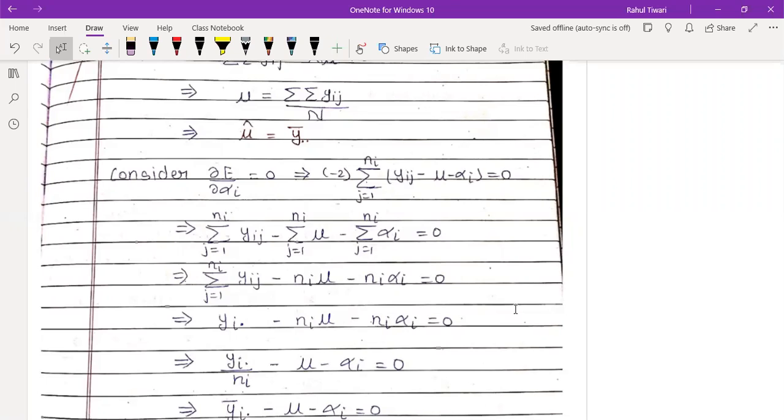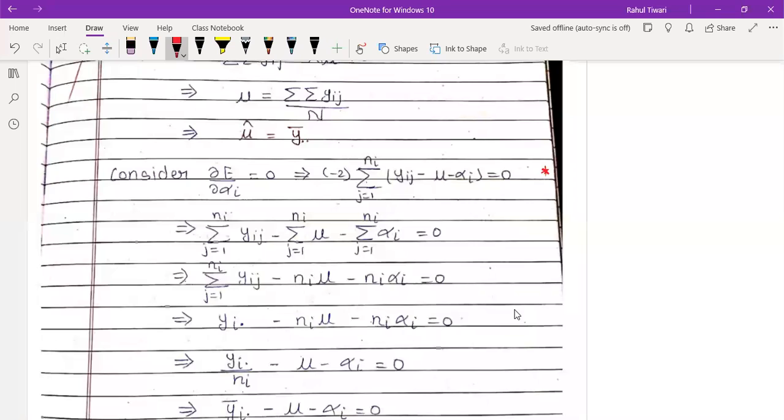You take the summation over y of the function f of x comma y. A similar condition you have to use here also. If I'm taking the derivative with respect to alpha i, you have to take the summation over j. So don't forget that concept, that is the important part to remember. So you have to take the summation over j up to n_i, and then it becomes simple.